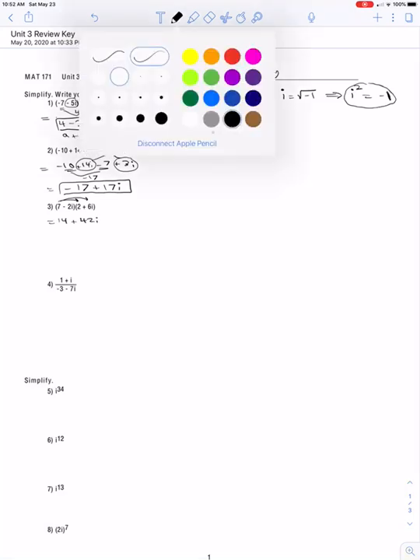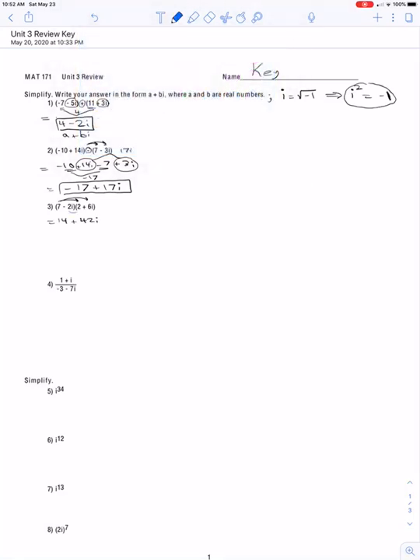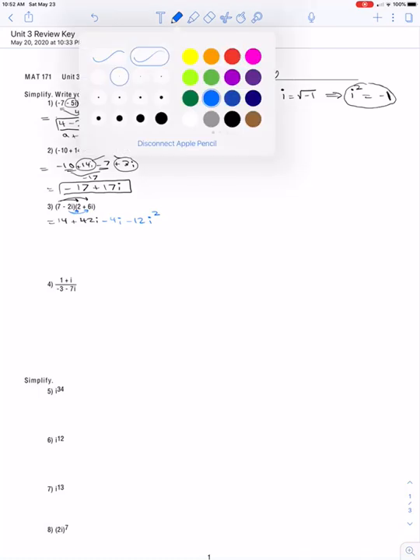And then we'll go ahead and distribute the -2i through. -2i times 2 is -4i. -2i times 6i is -12 i squared. i times i is i squared. Now, got to simplify.